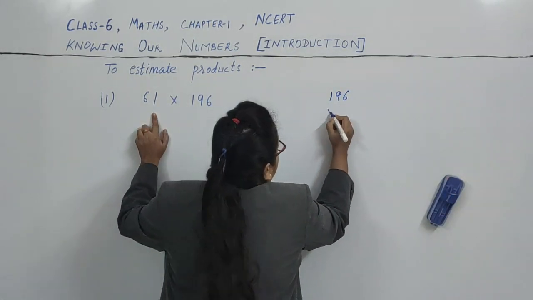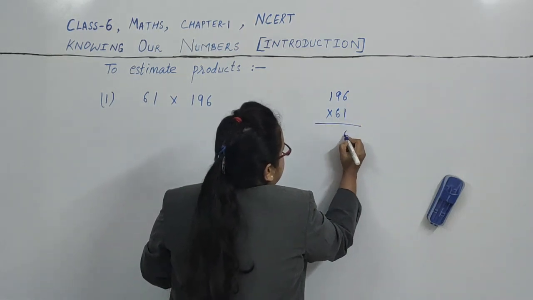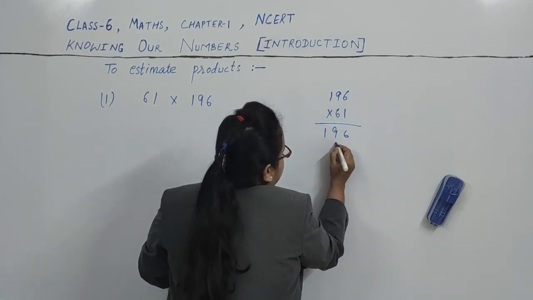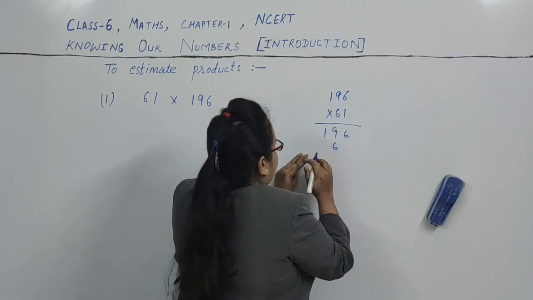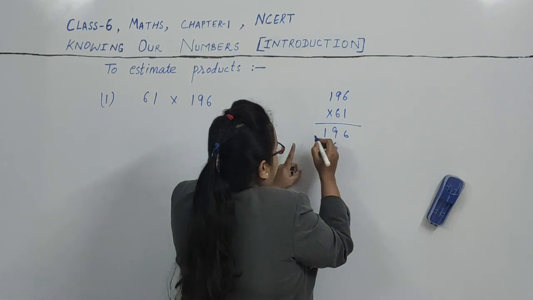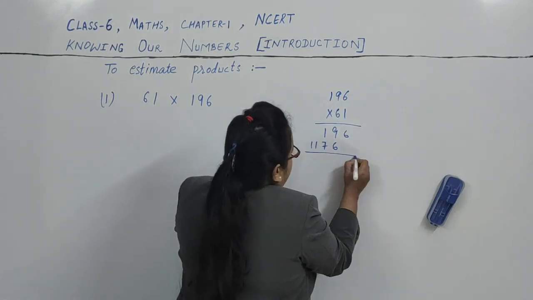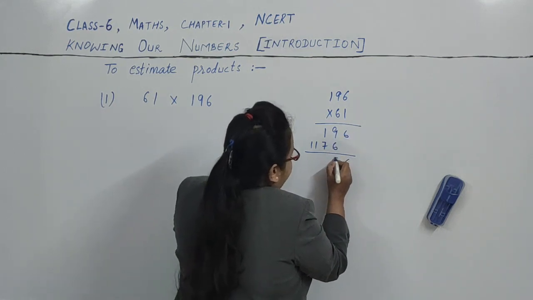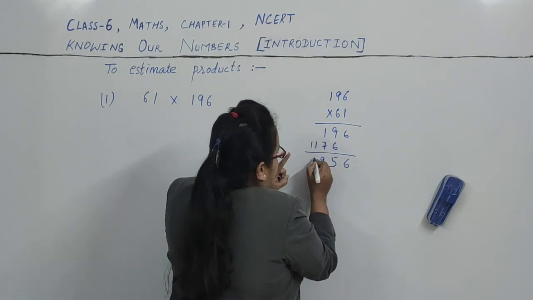196 into 61. 1 times 6 is 6, 1 times 9 is 9, 1 times 1 is 1. 6 times 6 is 36, 3 carry, 9 times 6 is 54, 54 plus 3 is 57, 5 carry, and 6 times 1 is 6, 6 plus 5 is 11. So it will be 6, 9 plus 6 is 15, 1 carry, 7 plus 1 is 8, plus 1 is 9, and 1.